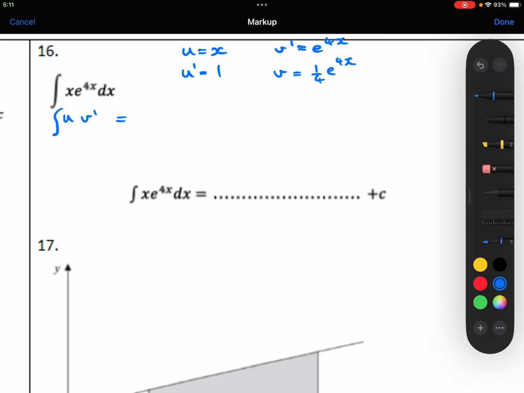Applying the by parts formula now then, we've got u times v minus the integral of u dash times v.